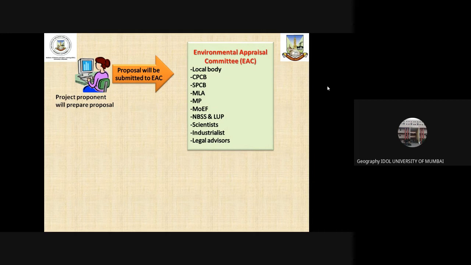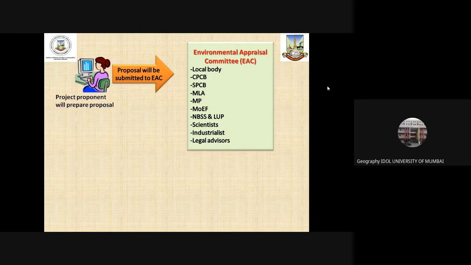It includes representatives from local bodies, representatives from the Central Pollution Control Board, and representatives from the State Pollution Control Board. Then some MLAs and MPs will also be there. Some representatives from the Ministry of Environment and Forest and Climate Change will also be there. National Bureau of Soil Survey and Land Use Planning, Nagpur, will also have some representatives.